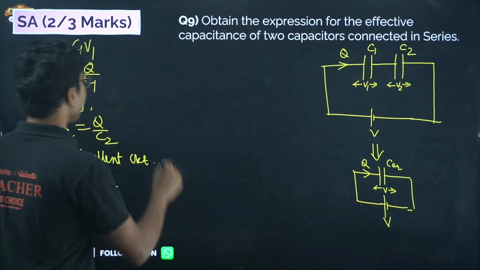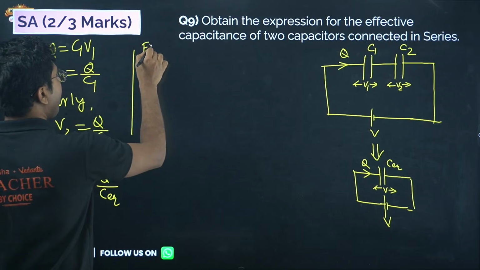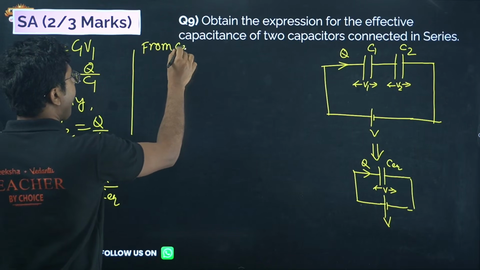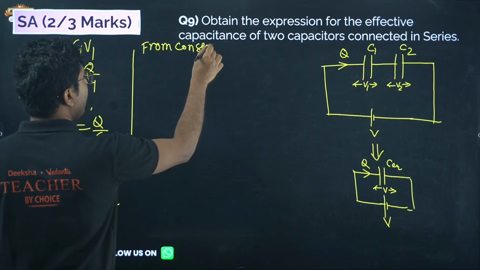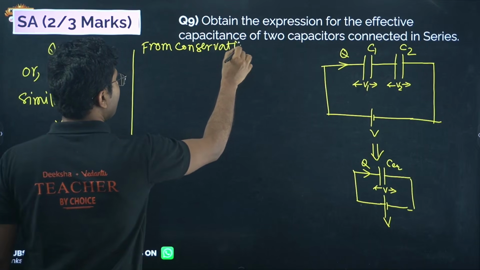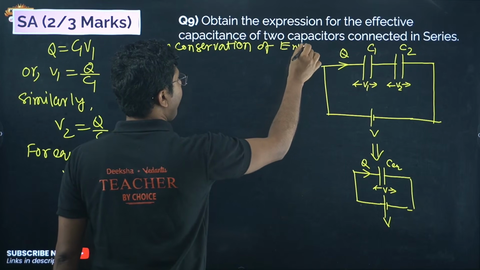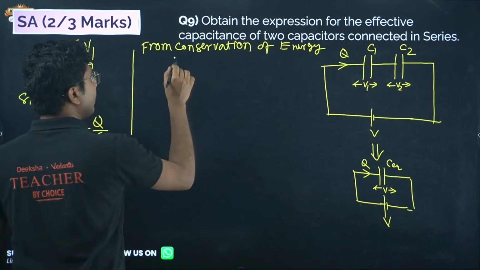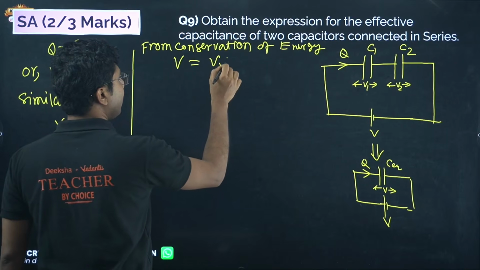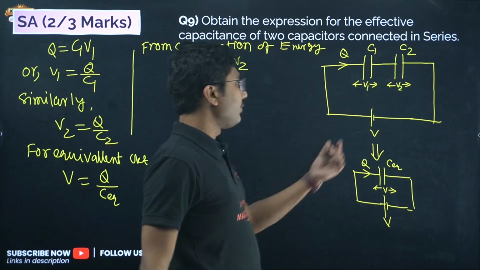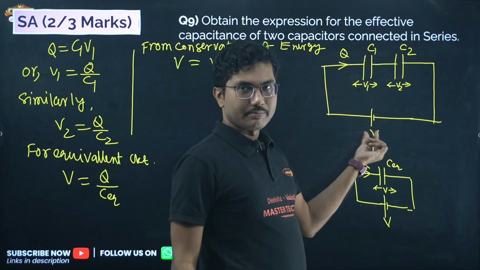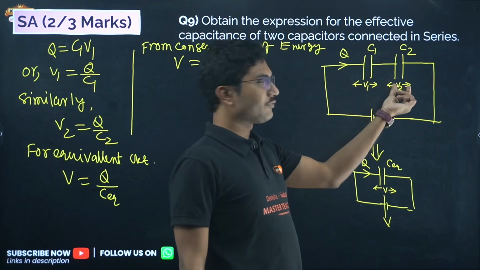Now from conservation of energy, the total voltage V must be equal to V1 plus V2. Okay, so V across this battery should be equal to V1 plus V2.